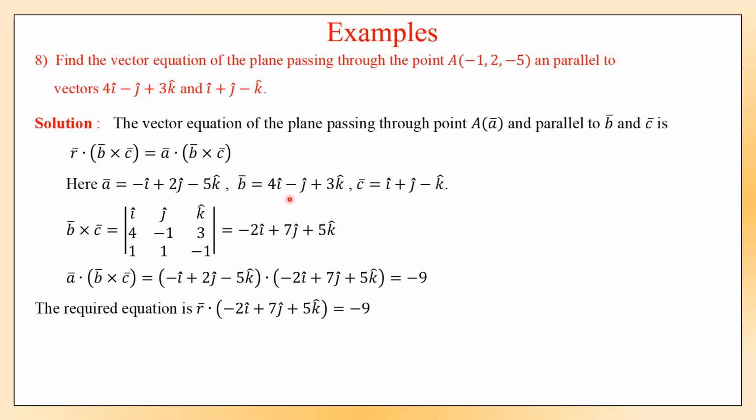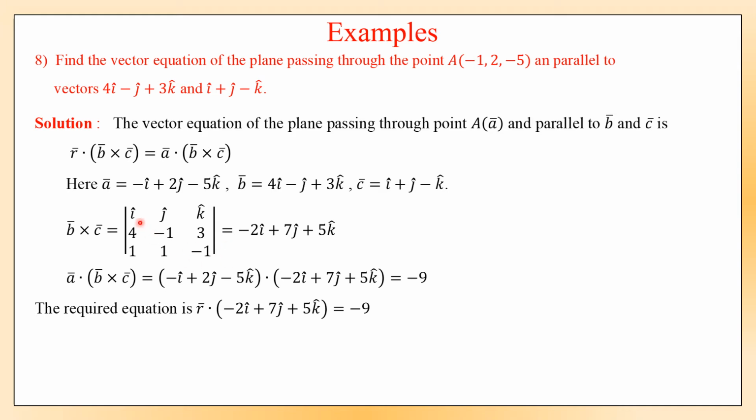Suppose B vector is 4i minus j plus 3k and C vector is i plus j minus k. We have to find B vector cross C vector, equal to the determinant with first row i j k, then the coefficients of B vector: 4, minus 1, 3, and the coefficients of C vector: 1, 1, minus 1.